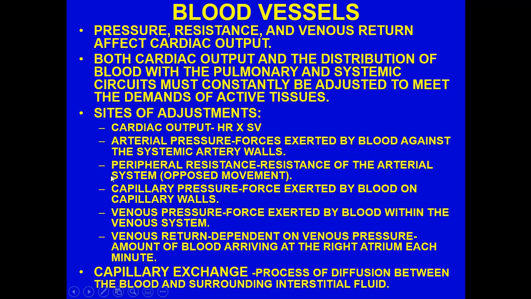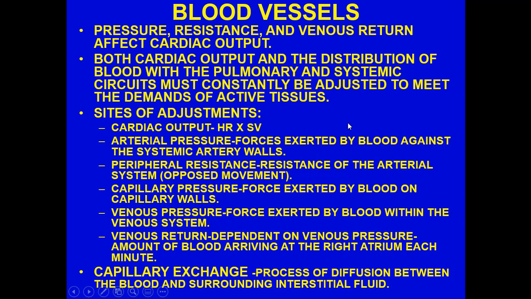Okay? Now, capillary pressure. This is the force exerted by blood on the capillary walls. We have venous pressure. This is the force exerted by blood within the venous system. And then venous return. This is dependent on the venous pressure, but it's the amount of blood arriving at the right atrium each minute.